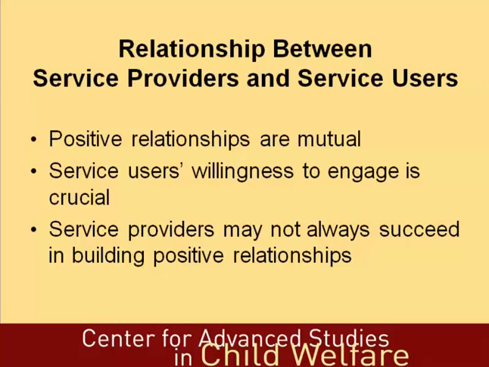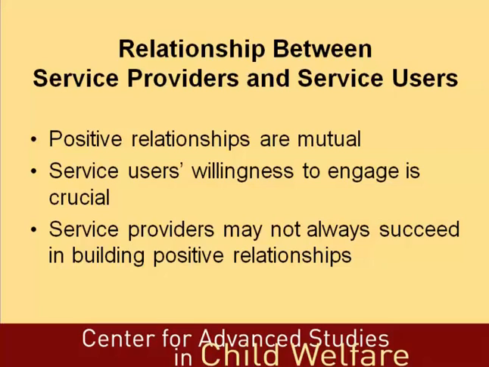There are some things that providers can do in these circumstances. Service users may not have accurate understandings of the professional roles that the service providers play. For example, there is a popular notion that child protection social workers take children away from their parents. Parents accused of child abuse and neglect may therefore refuse to cooperate with their service users.